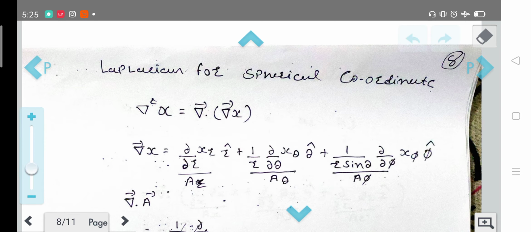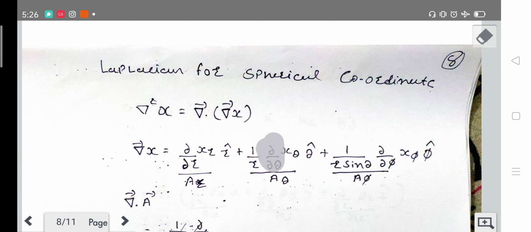So we will have gradient of x as del by del r component of x r cap plus 1 upon r del by del theta component of x theta cap plus 1 upon r sine theta del by del phi component of x phi cap.